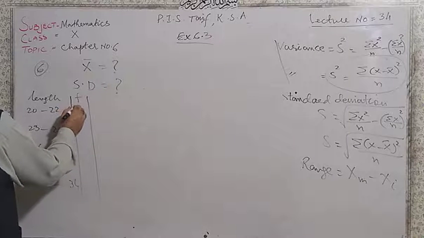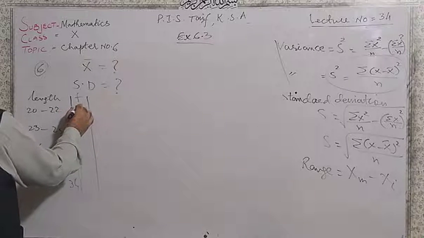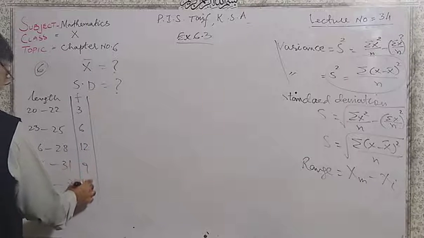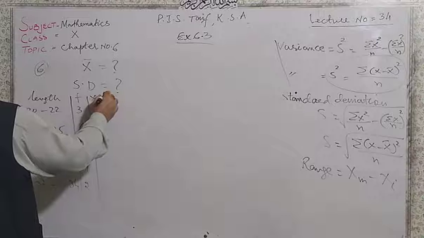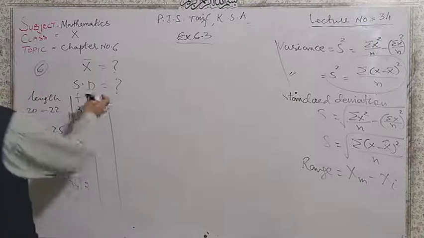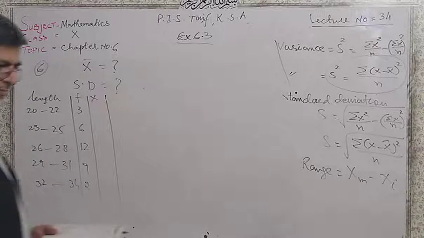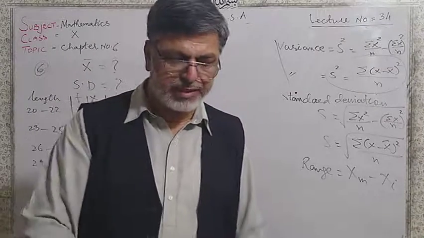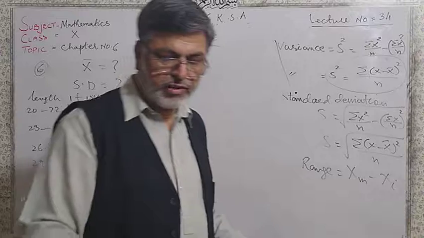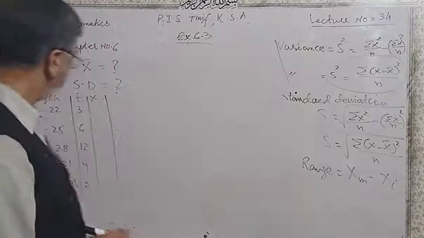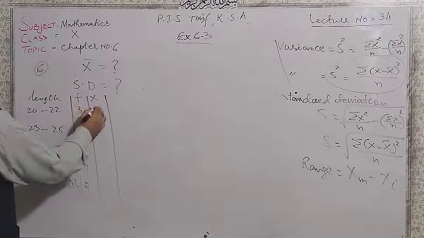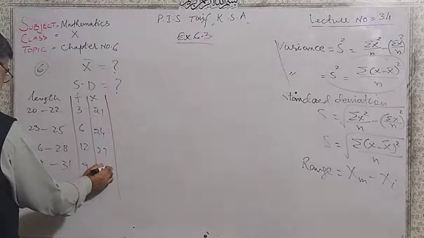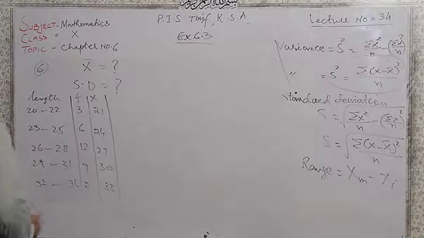What is the frequency here? 3, 6, 12, 9 and 2. And you know what is the value of x? X is the class mark or midpoint. So you have to find it: this one is 21, 24, 27, 30 and 33.